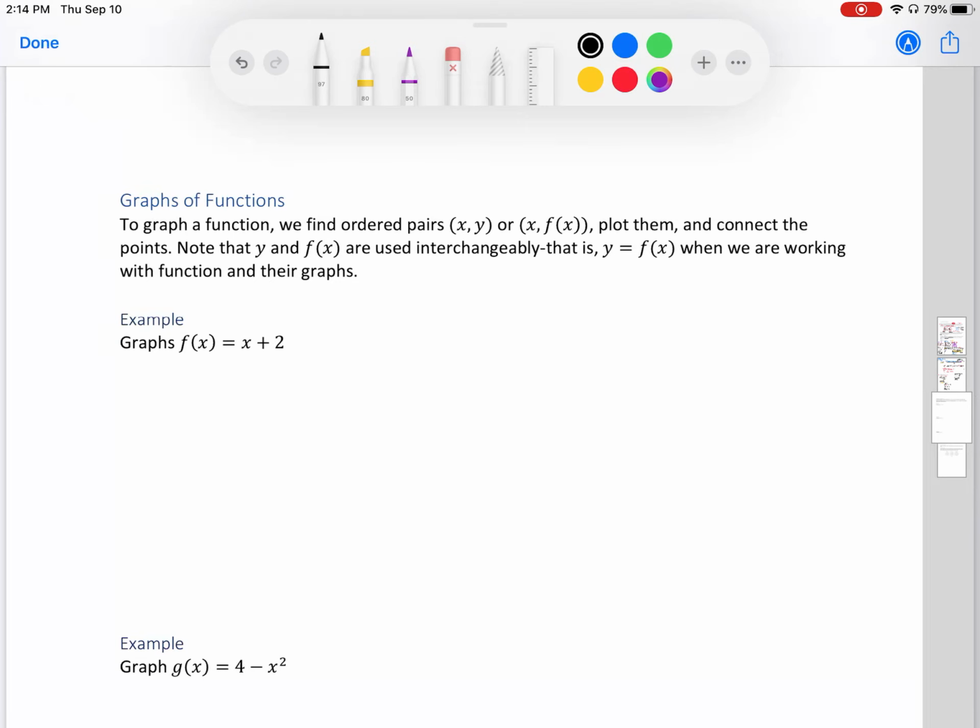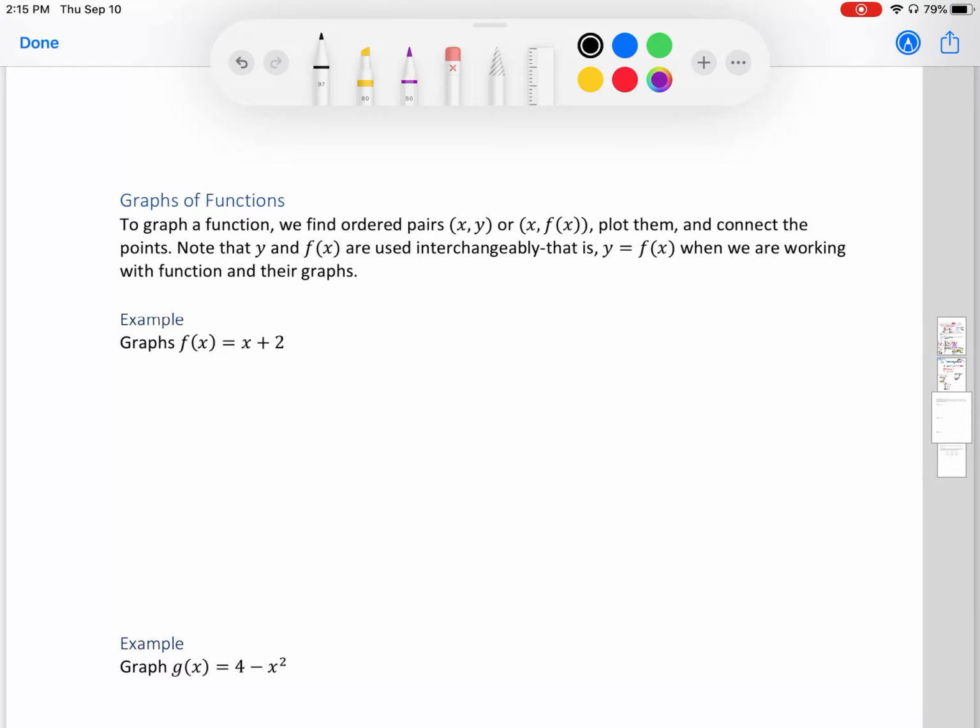Graphs of functions. To graph a function, we find ordered pairs, x and y, or, now that we're using function notation, x and f of x. Plot them and connect the points. Note that y and f of x are used interchangeably, that is, y equals f of x.